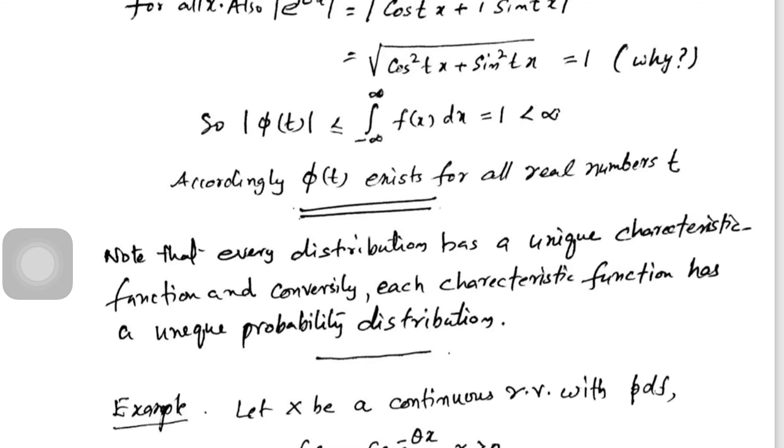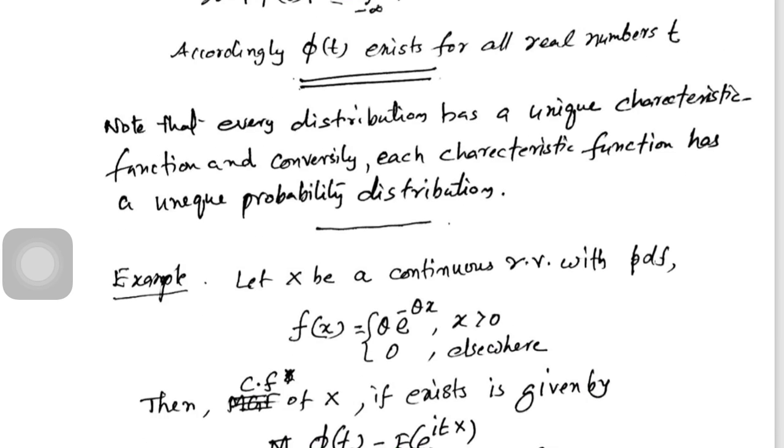That means the characteristic function has a unique probability distribution. Similarly, any probability distribution will have a unique characteristic function also. In that sense, the characteristic function is a better alternative to the moment generating function.